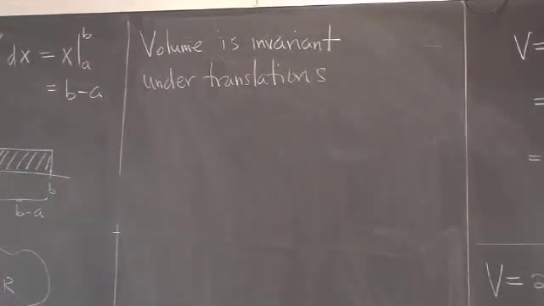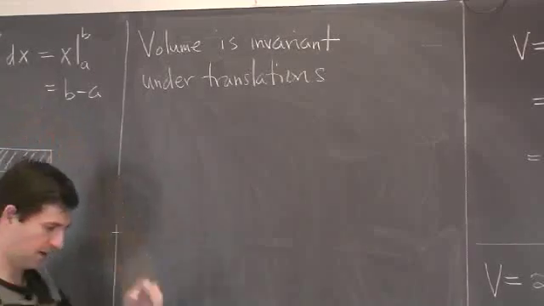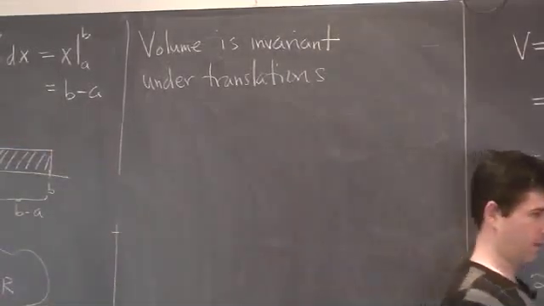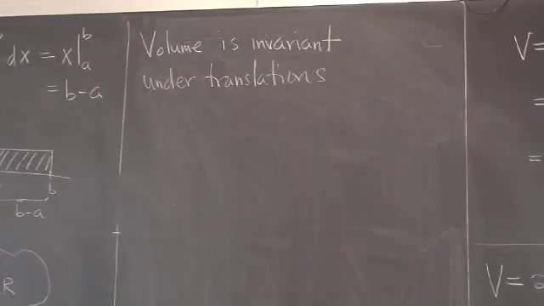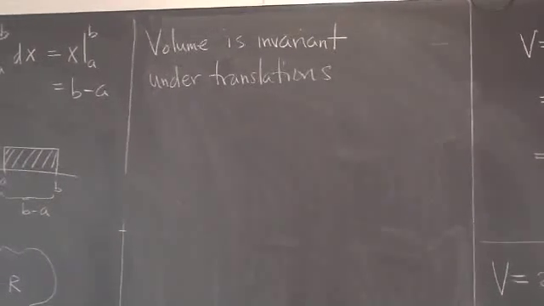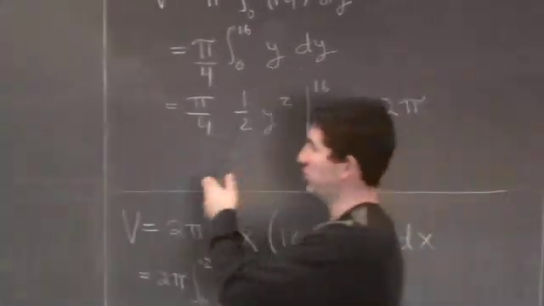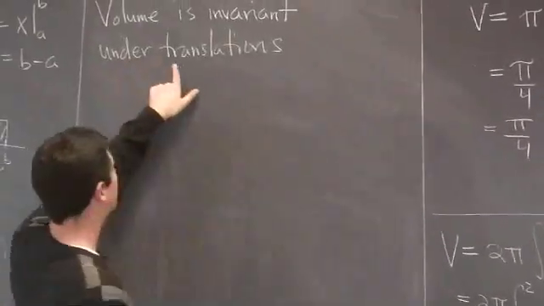Okay, what does this mean? So volume, all right, well, we accept that we know what volume is talking about. Invariant means doesn't vary, doesn't change. So volume doesn't change under translations.